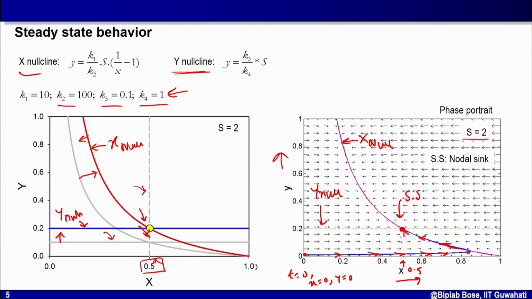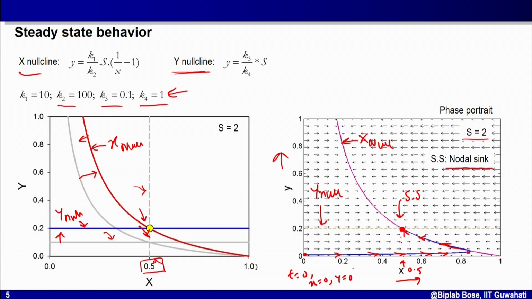You can start from any point, and eventually you will collapse at this steady state where x equals 0.5, near 0.5. So in this case, this steady state is actually a nodal sink. That means this steady state is a stable one.